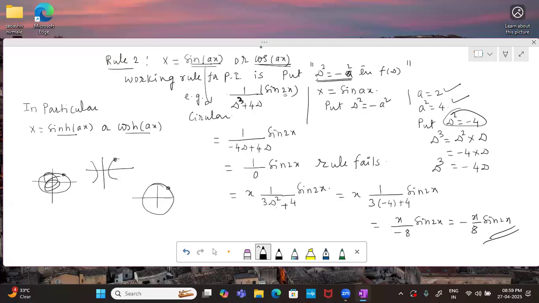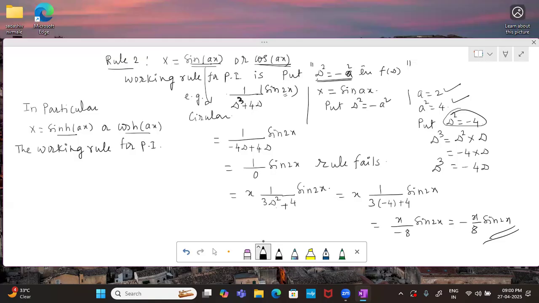But while finding the PI, see, the working rule for PI is put d square is equal to a square in f of d.